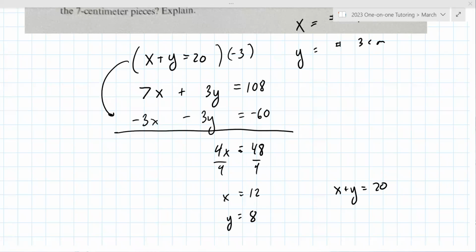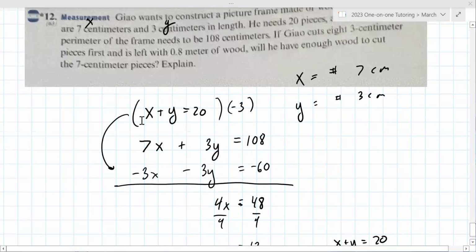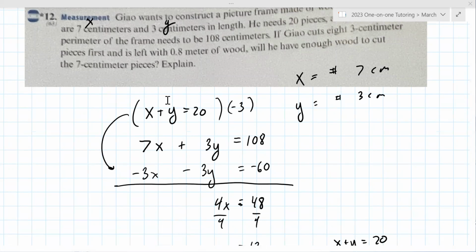Like we chose 3 centimeter pieces for y, and x is the number of 7 centimeter pieces.